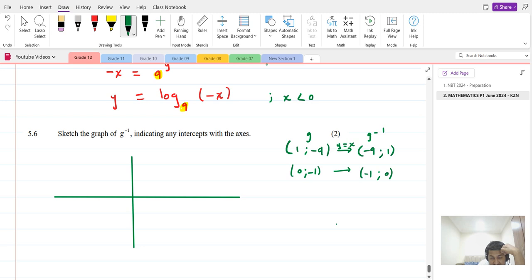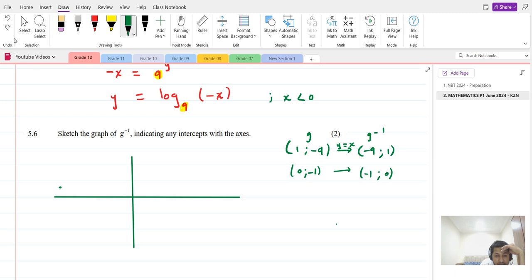We know (-9, 1) is somewhere around here, right? Negative 9 and 1 should be there. And then we've got (-1, 0), which is there.